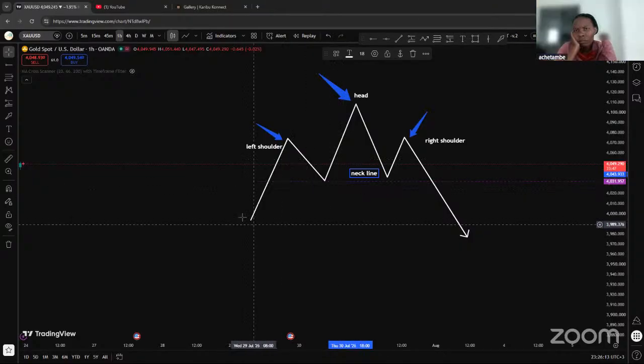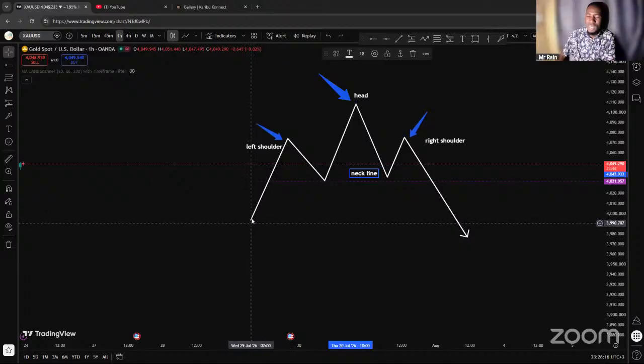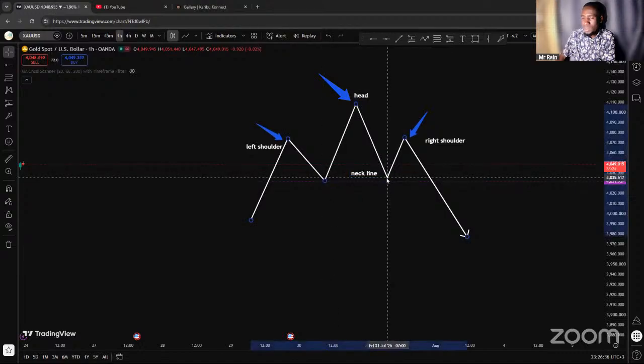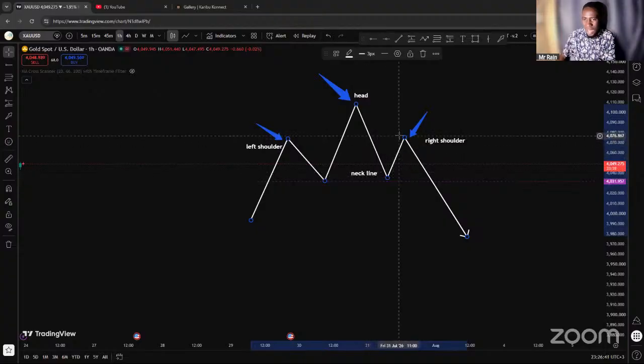It normally forms by starting with the first shoulder, which is the left shoulder, then it pulls down and creates a pullback, and again it forms a higher high, then a pullback which forms an equal low below. Then this one forms another higher low, meaning that now the sellers are gaining more control over the buyers.